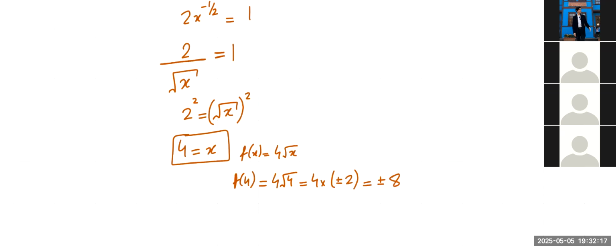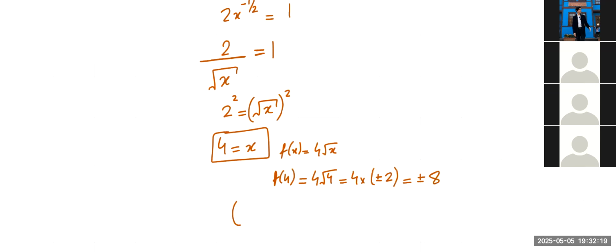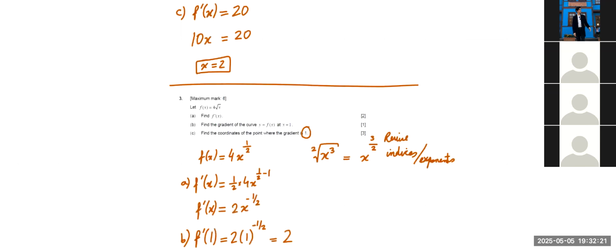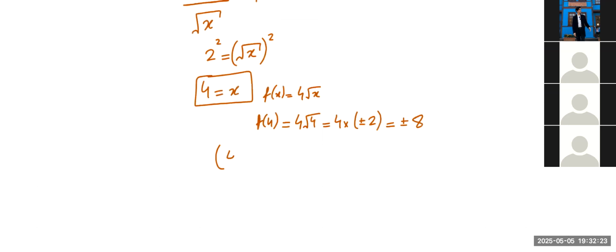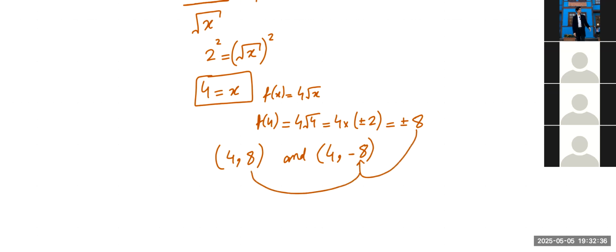So there's 2 points actually that have a slope of 1. What are those 2 points? x equals 4, y equals 8, and x equals 4, y equals negative 8. Both of those work. See? x equals 4 obviously in both of them, but y can be two different things, plus or minus 8. So these are your answers.